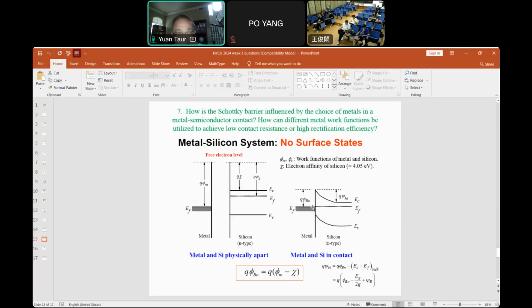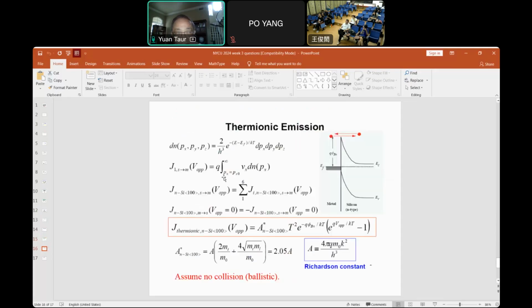Usually there are surface states, so the barrier height has to be empirically measured. But barrier height is important in the sense that phi Bn goes into the current expression, e to the minus q phi Bn. So if phi Bn is high, then current is low.